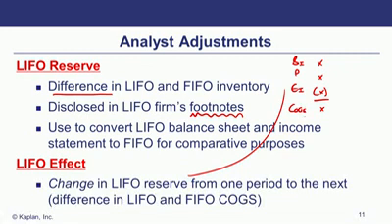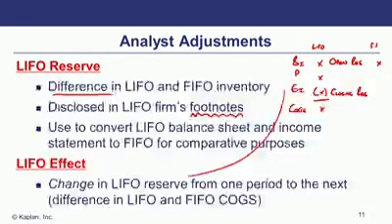Now, of course, it's going to be the opening LIFO reserve that affects beginning inventory. Nothing affects purchases, we can leave that. And the closing reserve that affects ending inventory. Notice we're adding beginning inventory but subtracting ending inventory. So after we've made our adjustment, let's call this LIFO, let's call this FIFO.